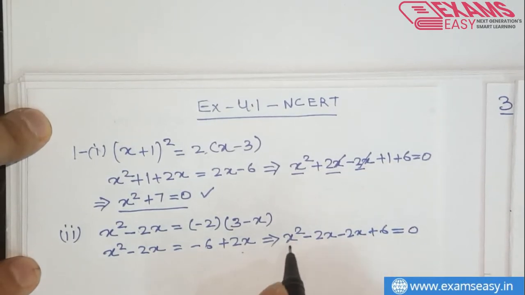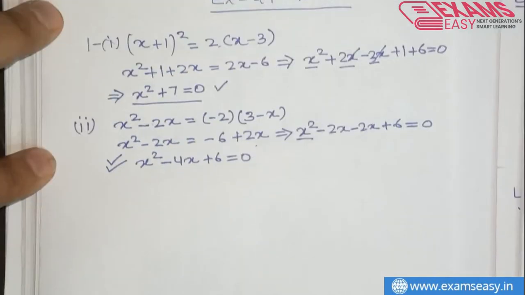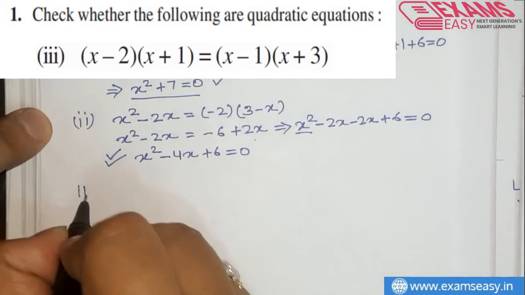So if we solve this, x square will remain, these two will add up, and plus 6. So we are getting finally x square minus 4x plus 6 is equal to 0. So let us apply the two conditions. Since it has maximum power of 2 and it has only one variable, the given expression is a quadratic expression. Let us try another example, the third one.